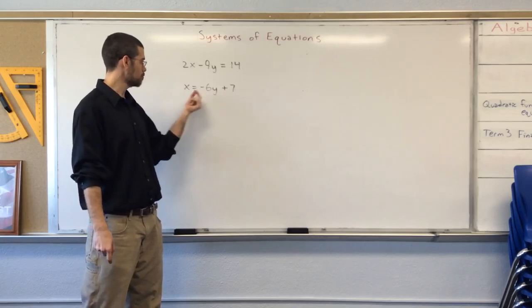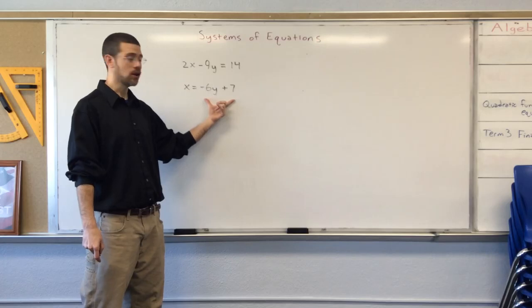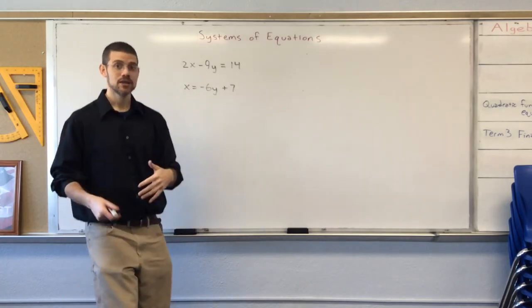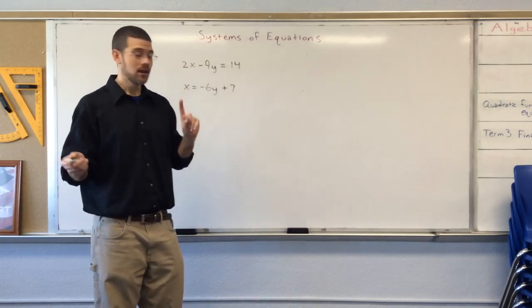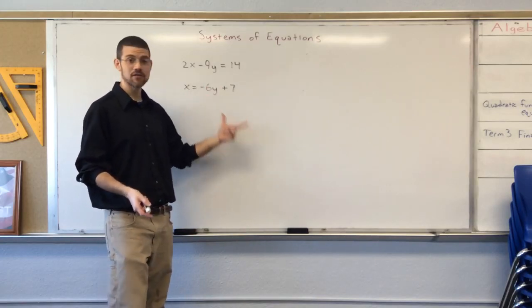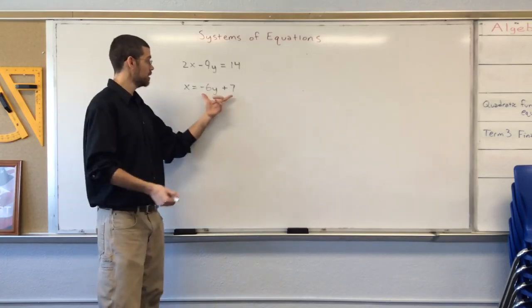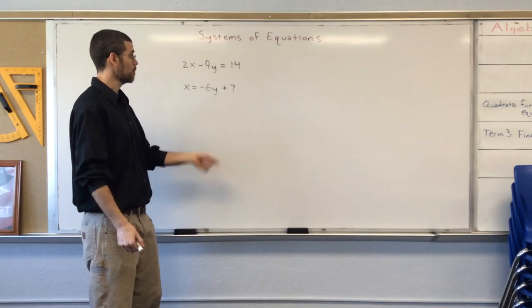These two expressions, x and negative 6y plus 7, are equivalent. That's what the equation tells us. Which means anytime I see an x somewhere, I can replace it with negative 6y plus 7 because they are equal to each other. So we can substitute negative 6y plus 7 wherever we find an x.